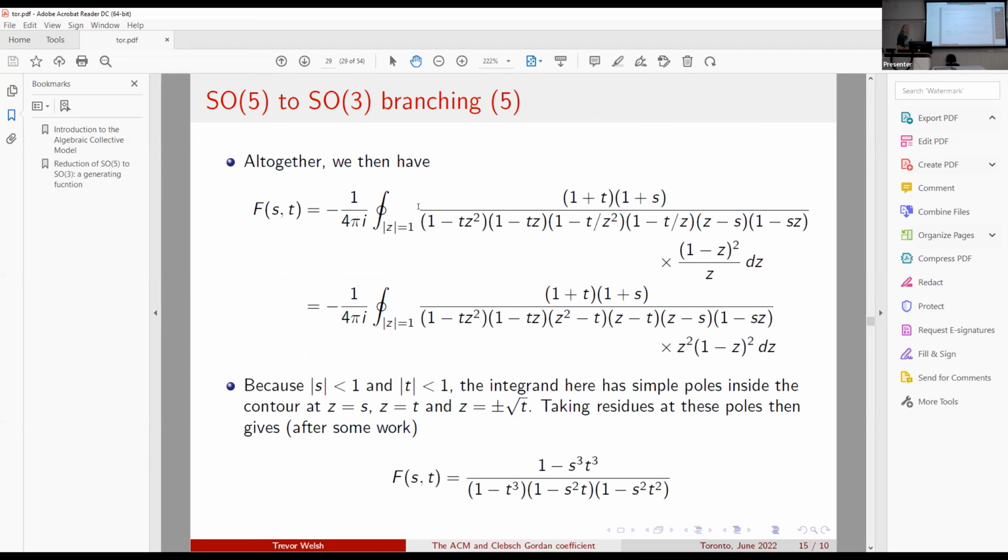suggests a way of building up the spherical harmonics. So this term has seniority 3 and angular momentum 0. This one has seniority 1, being the exponent of t, angular momentum 2, this one of s. This one has seniority 2 and angular momentum 2.